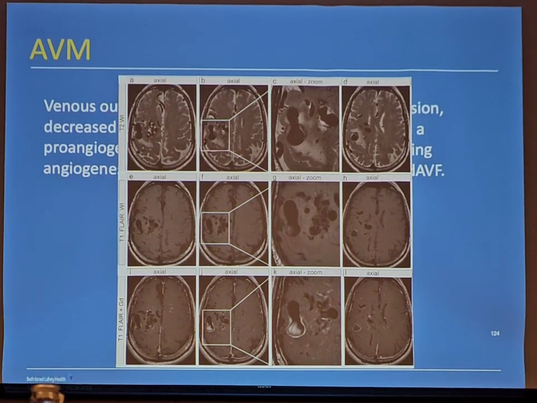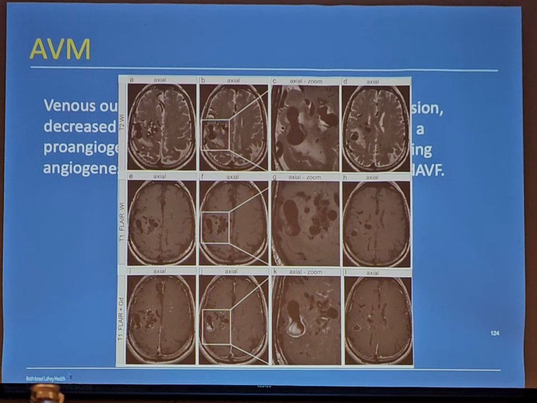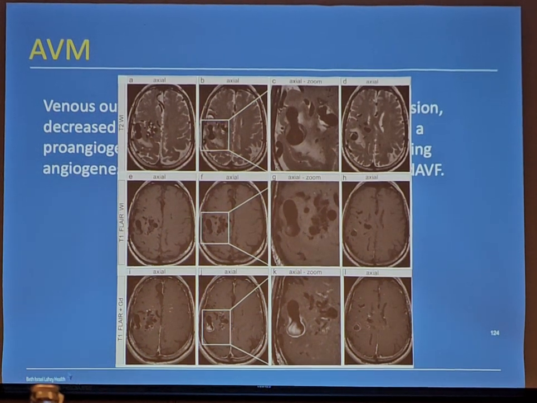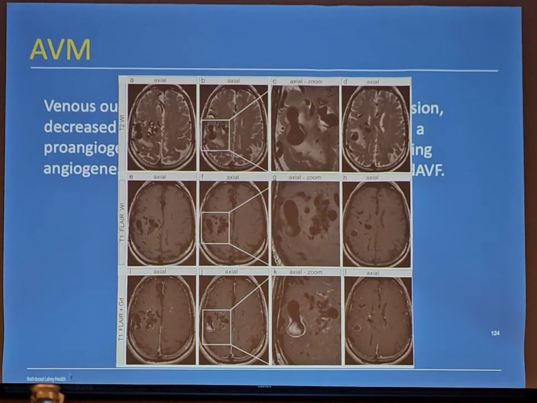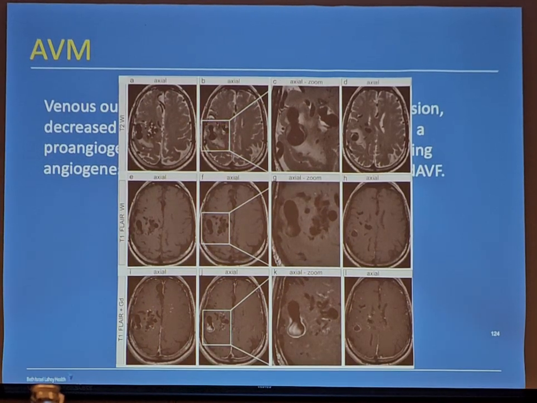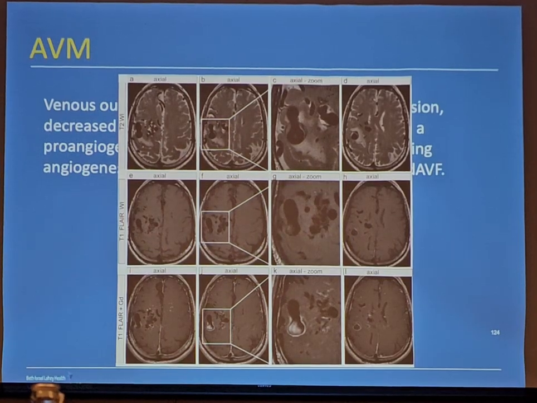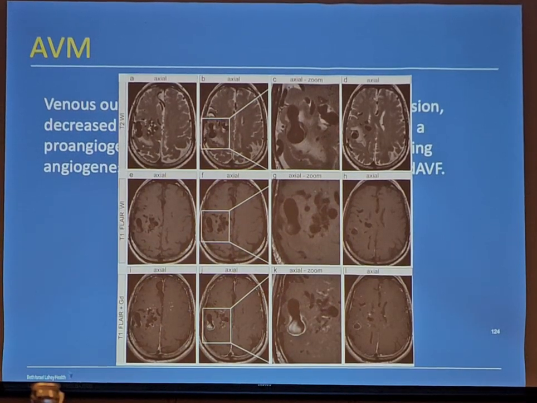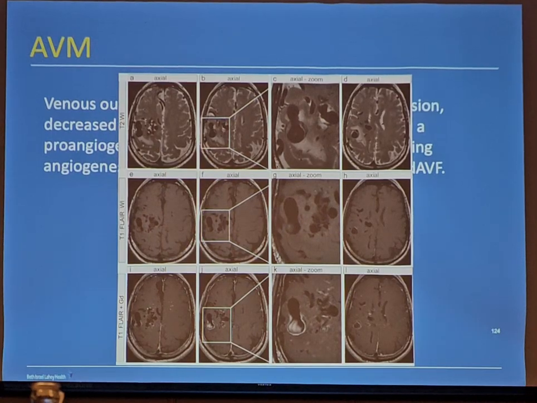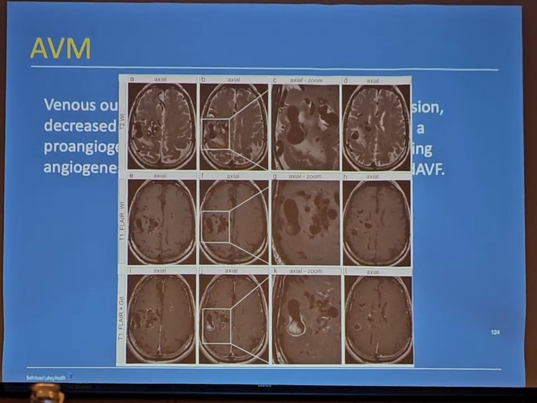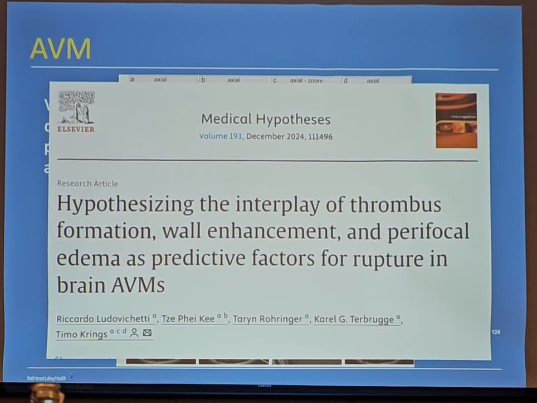And why do we have this? Well, if you normally have a wall that is not thrombosed, it will get its oxygen from within the vessel. If you now have thrombus, then the oxygen can no longer diffuse into the vessel wall, which means that your vessel will become hypoxemic, will become inflamed, and will therefore become more prone to rupture. This is what we've described recently here.